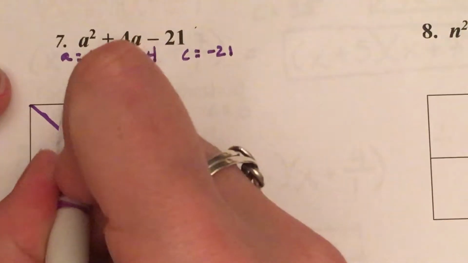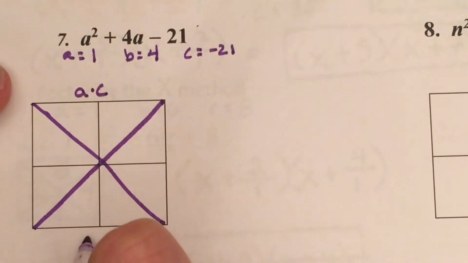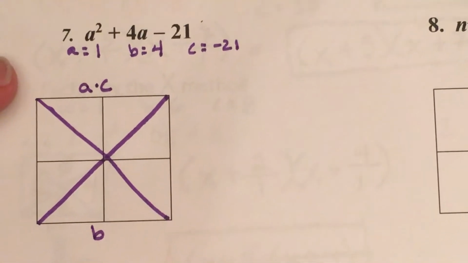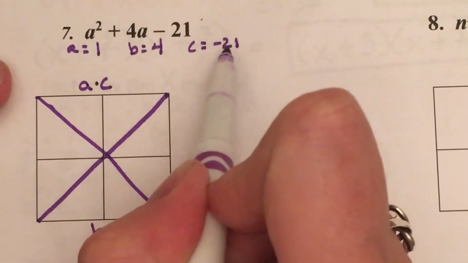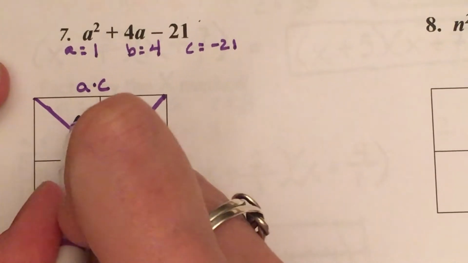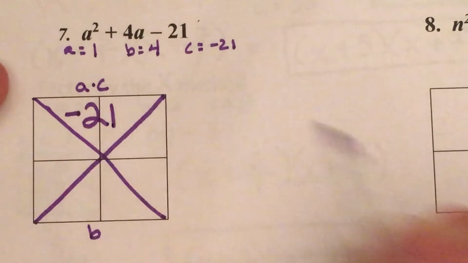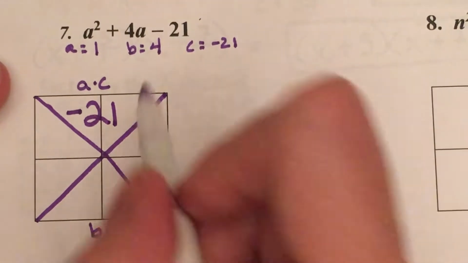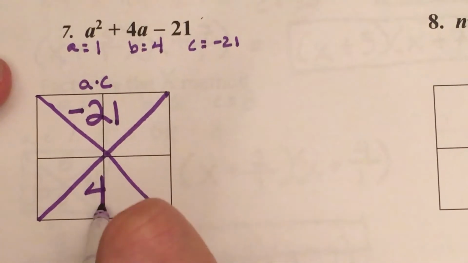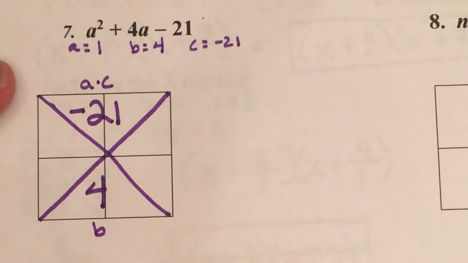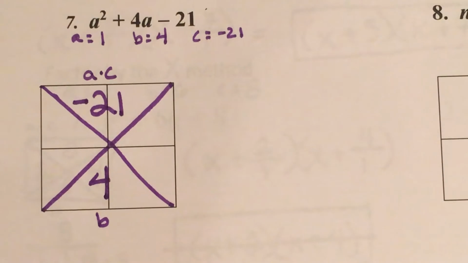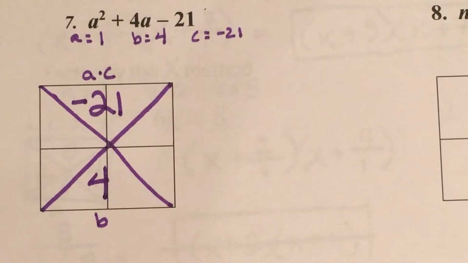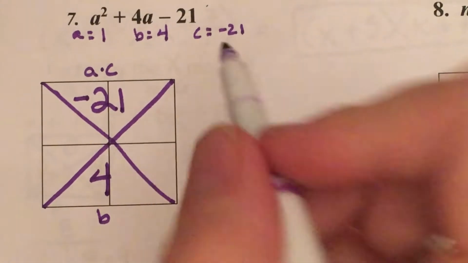Okay, so A times C goes on the top, B goes on the bottom. So A times C, 1 times negative 21 is negative 21. Got it. And B, that's 4. Okay. So let's now go build our t-table and see how to work through this situation.